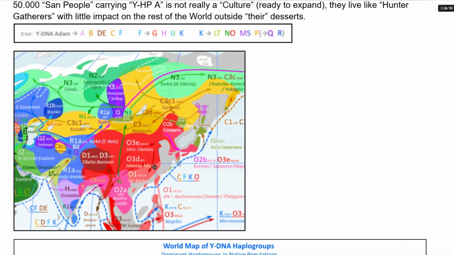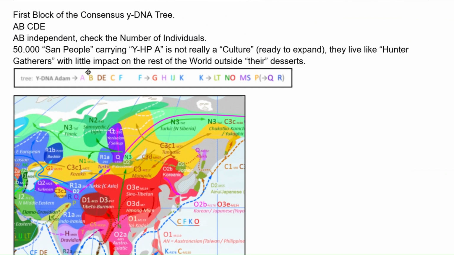So this is an extract, it's not about this. We will claim that this first block of the tree should be divided, split up here. So you have A, B. They are in Africa.